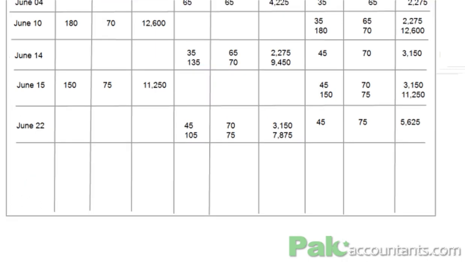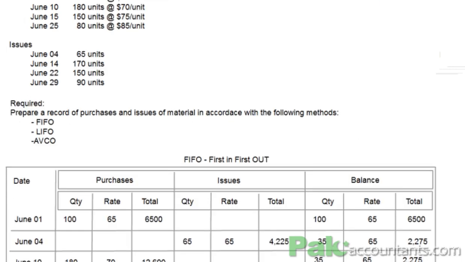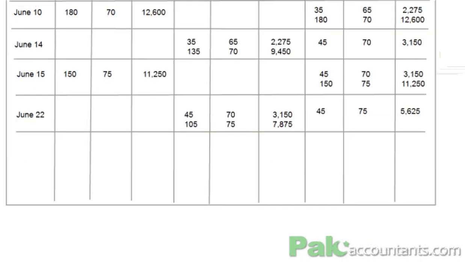Okay, all right. The next entry was about the purchase at June 25 for 80 units, 85, and the value for the same is 80 multiplied by 85, which is 6,800.